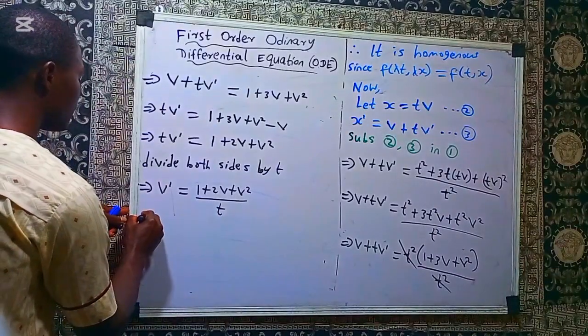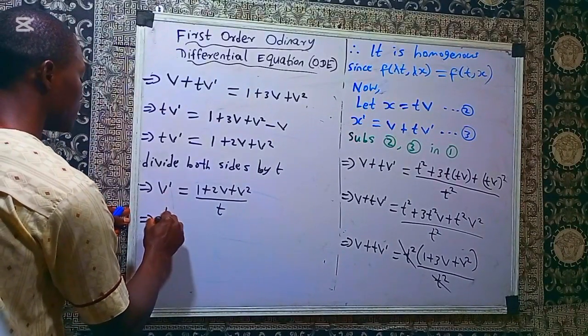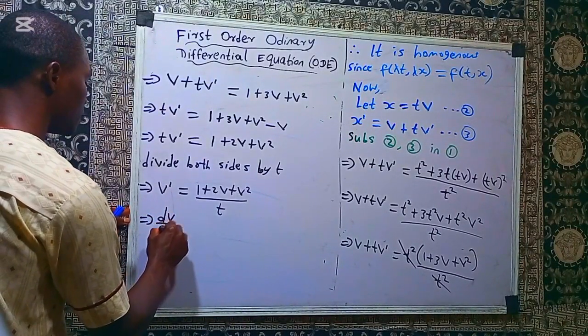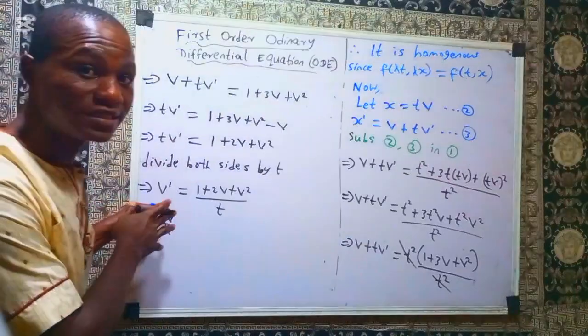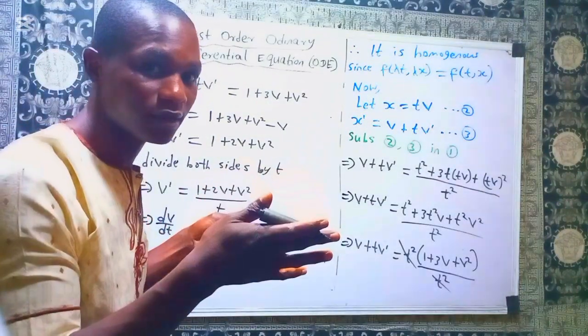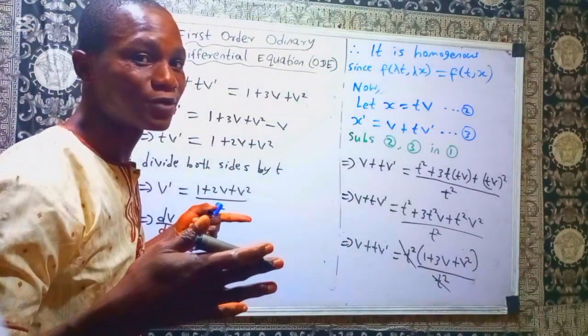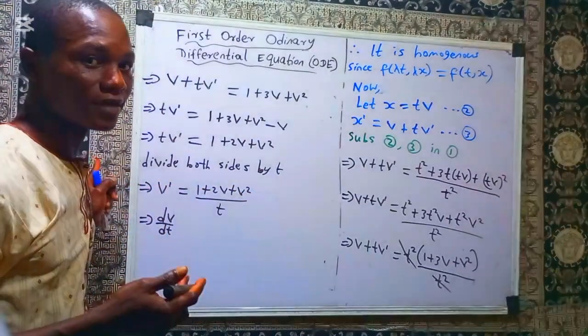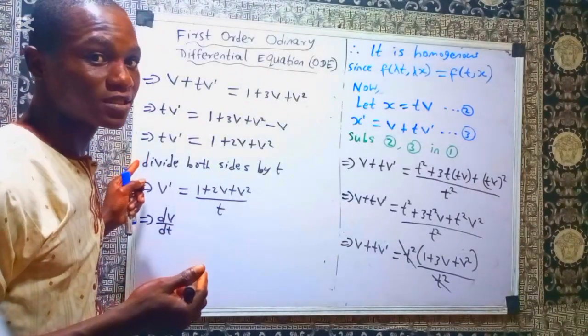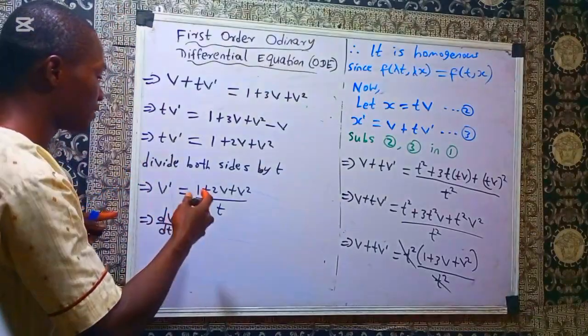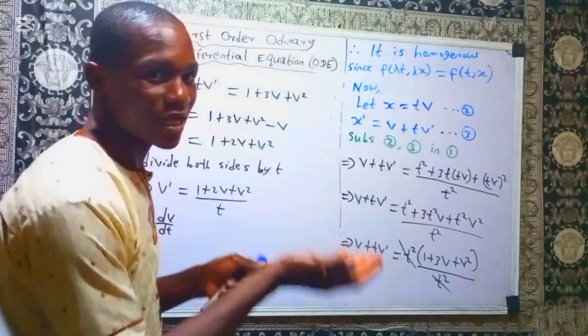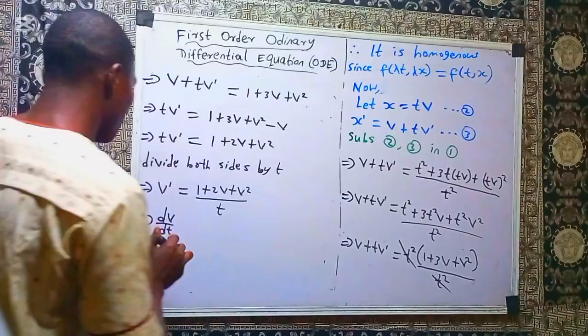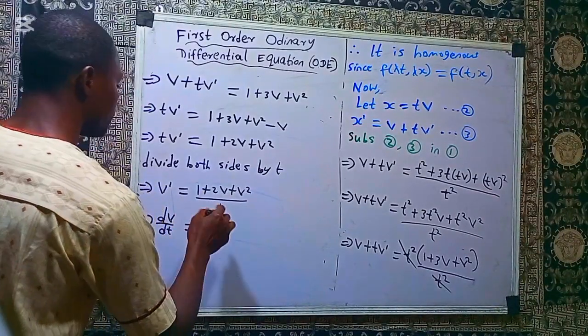So this v prime, I'll write it as dv dt, because I will also separate the v and separate the t. When I have separated everything about v at the left and everything about t at the right, I can integrate both sides.